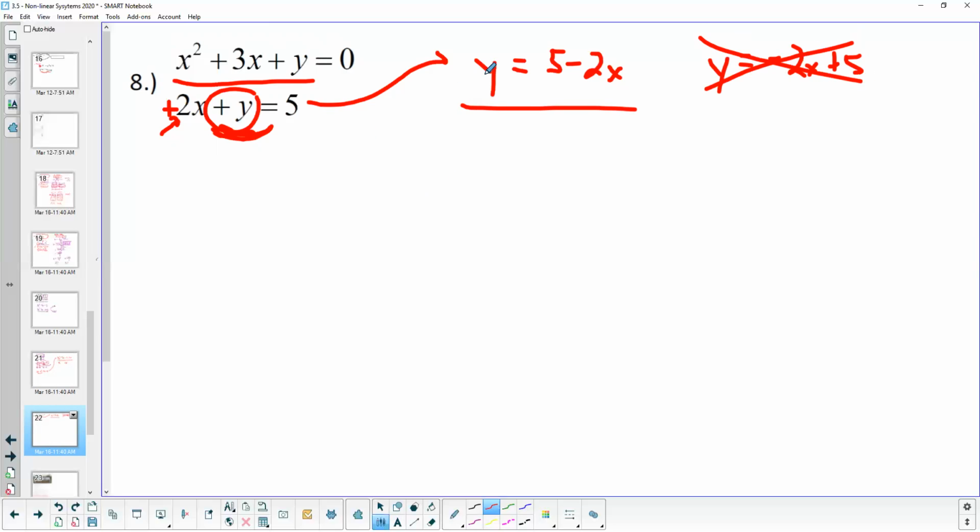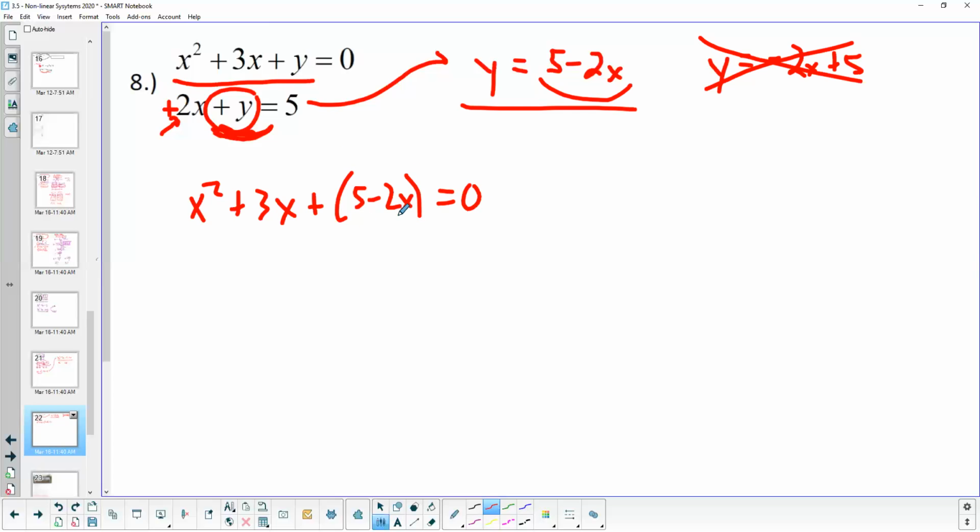Once I did that to the second equation, I'm now going to substitute into the first equation. So the first equation is x squared plus 3x plus y. But instead of y, I'm going to go ahead and replace it with 5 minus 2x equals 0.